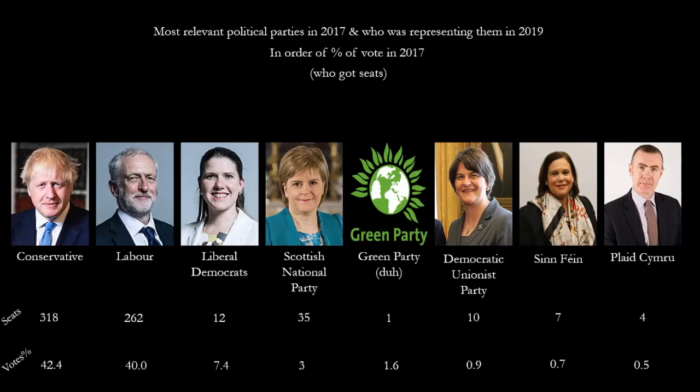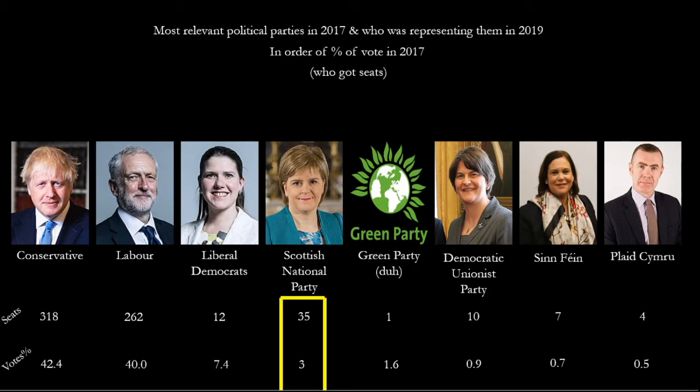Now, surely just from looking at this information that I've presented to you, you can see some crazy stuff. Like, for example, the SNP only got 3% of the vote overall, but they got 35 seats in Parliament. Then if you look at the Lib Dem votes, they got double that, but only a third of the SNP seats.